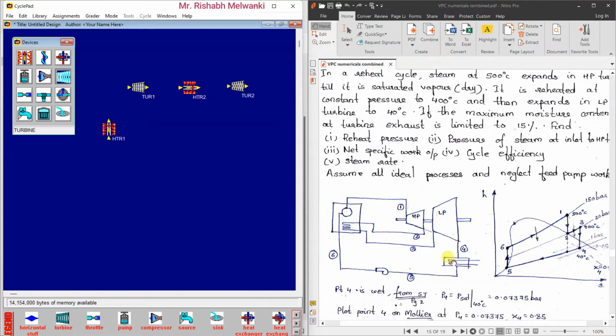Then next we have the condenser, that is cooler, and after the cooler we have a pump, so this is the pump. Now join all the points. I'll start with the boiler, so I'll join this such that the inlet of the HP turbine becomes point number 1.